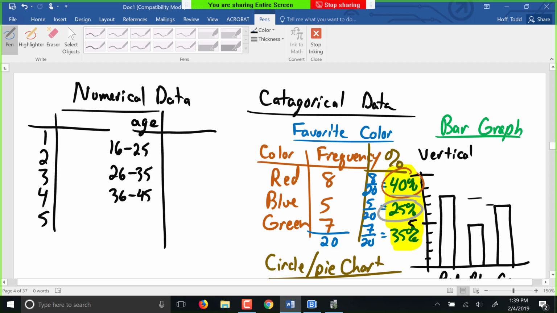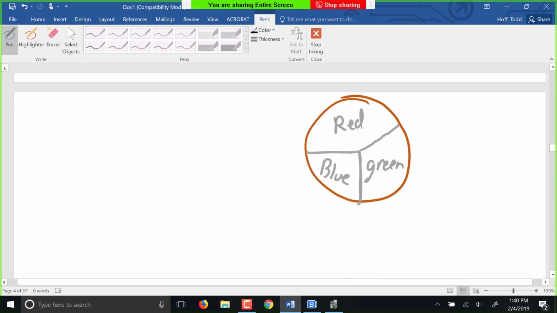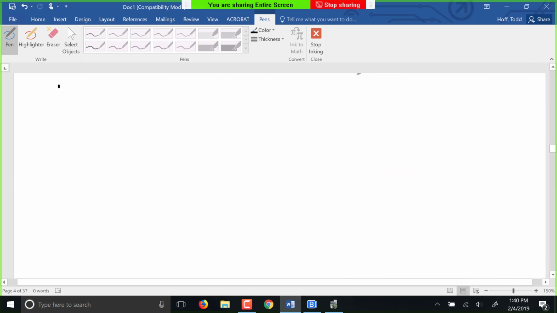When we go to make the graphs, we still have bar graphs, circle graphs, and so on. Bar graphs would be called a histogram if it's numerical data, but we're not going to worry too much about that. It's just a matter of having to group the data when it's numerical in certain situations. Last type of graph we want to talk about is a line graph.